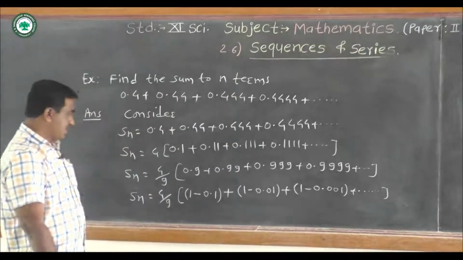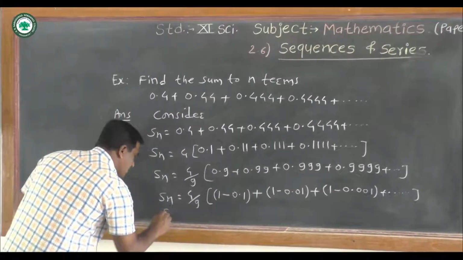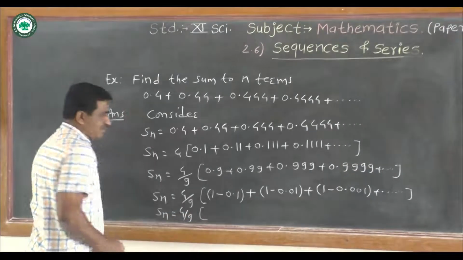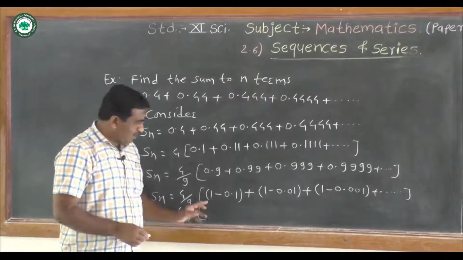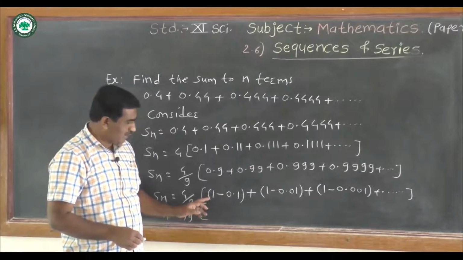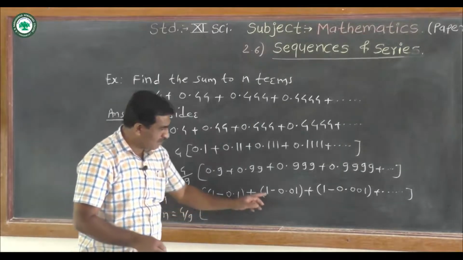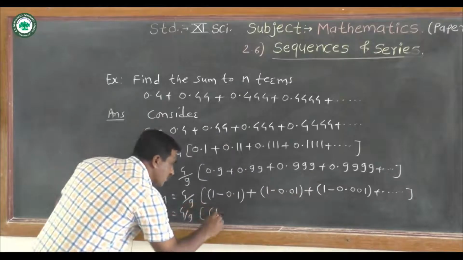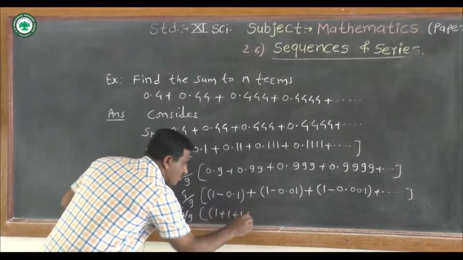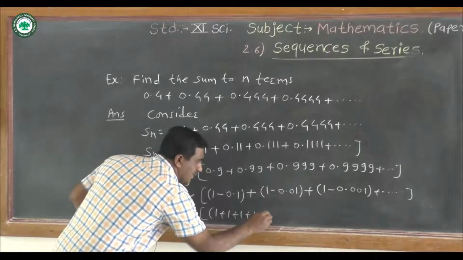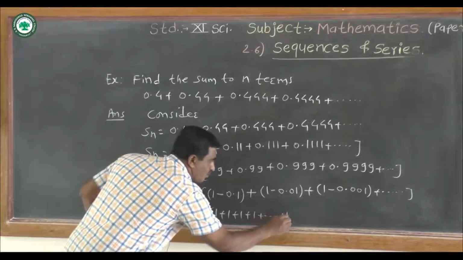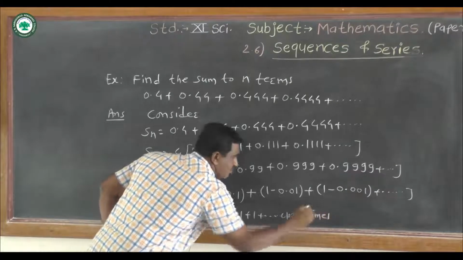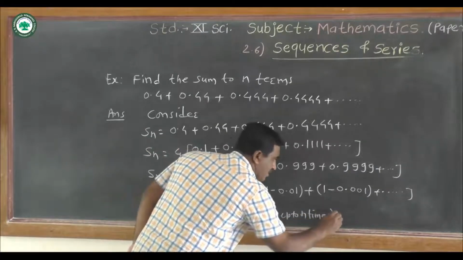Okay, that is we can write again here Sn equal to 4 upon 9 into, in square bracket. Now we can take positive terms together, that is 1 plus 1 plus 1 plus 1, n times, in first bracket, open bracket complete, minus.